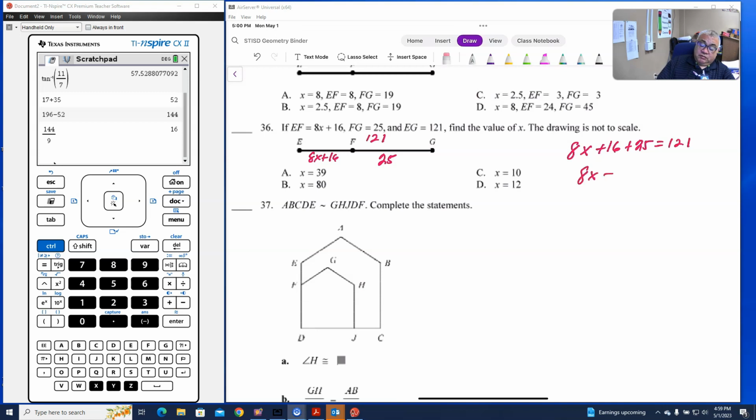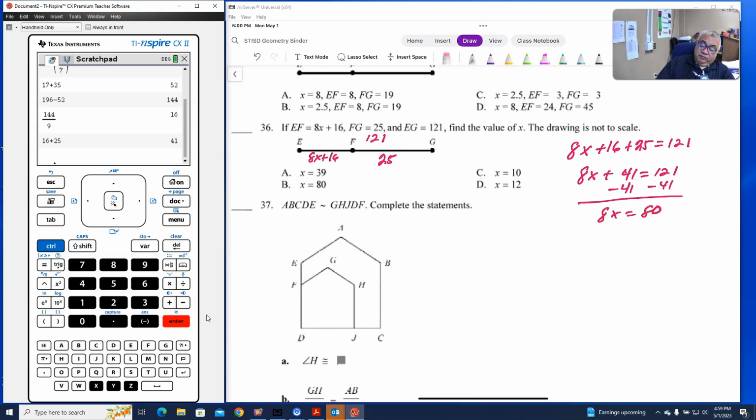So we have 8x plus 41 equals 121. Subtract 41 from 121. So you have 8x equals 80. Divide both sides by 8. So x equals 10. So your answer is 10.